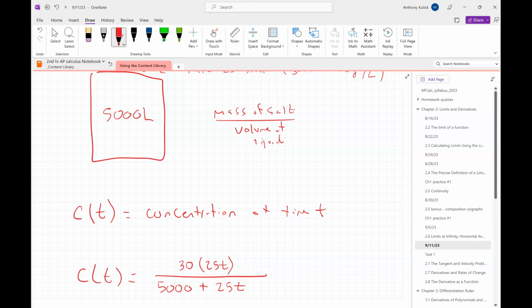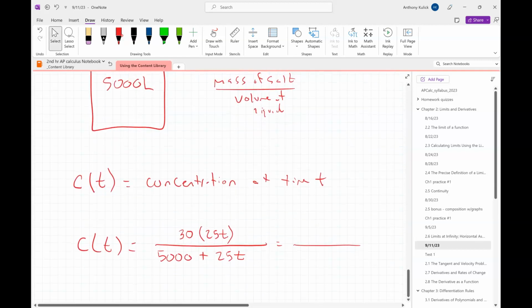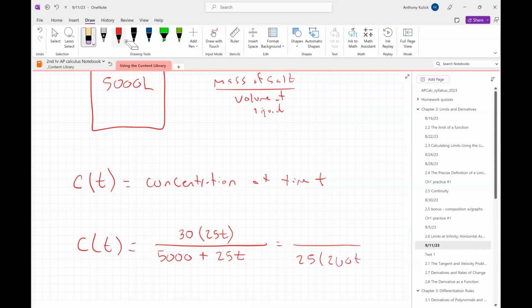Is that okay? So that's 750T. Actually, let's just reduce from here. If I factor out a 25 from the denominator, I'd have 200 plus T. And now you're at what they wanted.